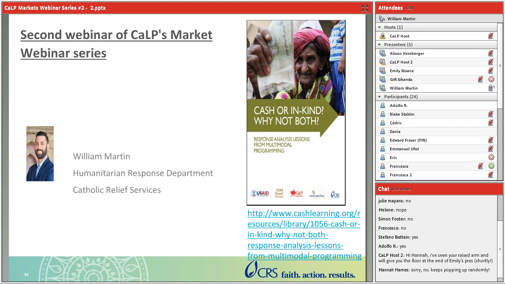Also, the case studies did not demonstrate that financial cost savings were a major decision-making factor for choosing between cash, voucher, or in-kind assistance. Instead, the most influential arguments in deciding a given modality mix included the time to delivery, the organizational capacity, the market supply response capacity, security, and beneficiary preference.